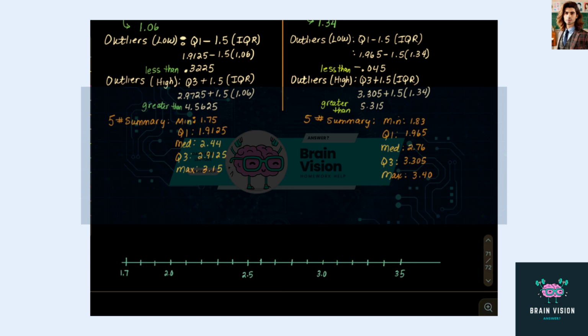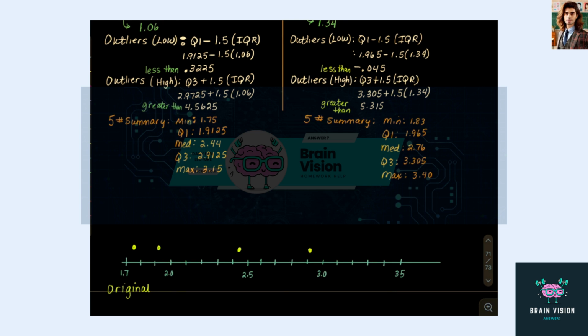So we are going to let our original data be in green, and we're going to plot 1.75, which is about right here. 1.91 is about right here. 2.44 is about right there. 2.91 would be just slightly above there.